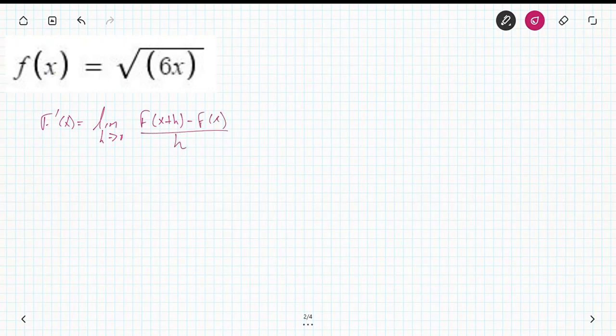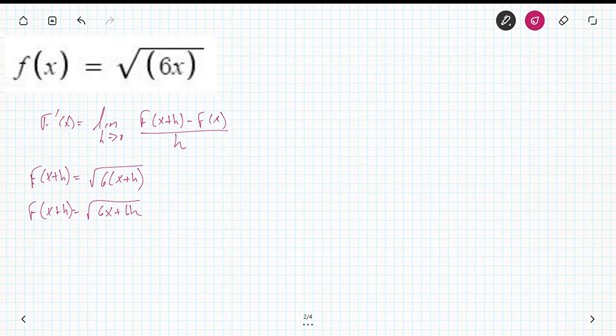Okay? And you know exactly what f of x is, but you don't know what f of x plus h is. So that is going to be the square root of 6 times x plus h. For every x, replace it with an x plus h. And then we want to get rid of those parentheses. I hate having unnecessary parentheses because they just make things a lot harder to look at. So we have 6x plus 6h.